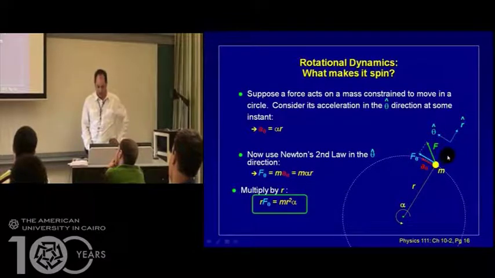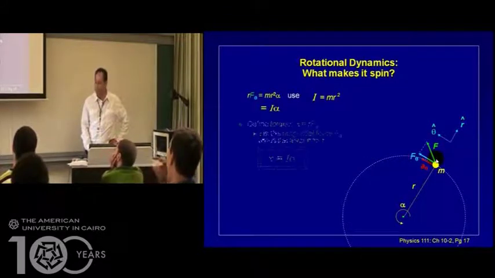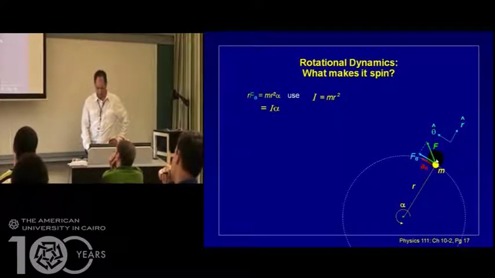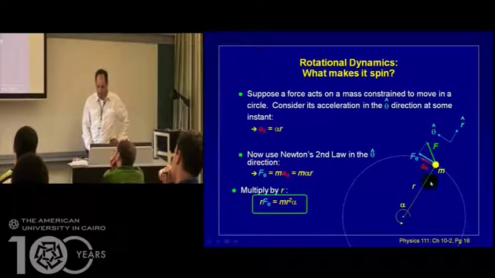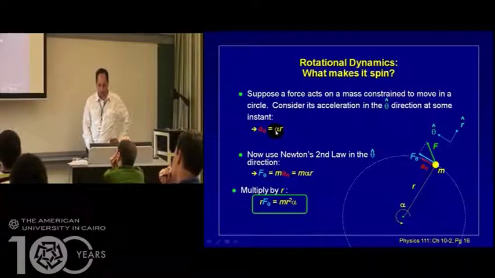Now let's look at this situation. I'm very interested in finding out the force acting on that object. What makes that object rotate is that A theta that keeps it rotating. A theta, by definition, is alpha times r: linear acceleration equals angular acceleration times r.